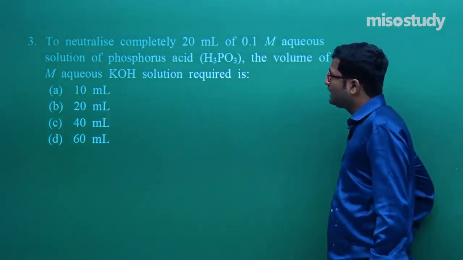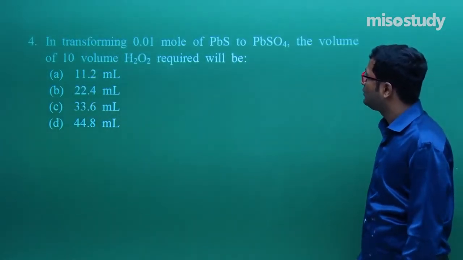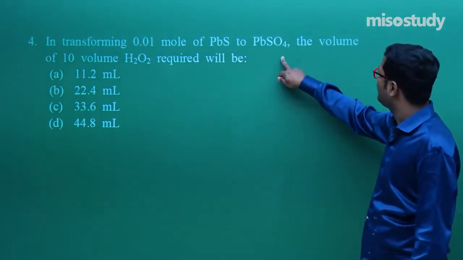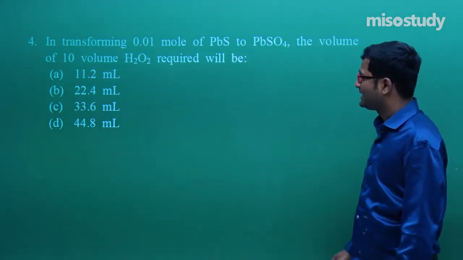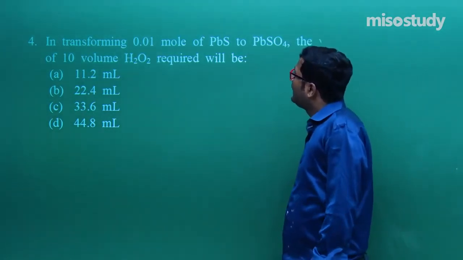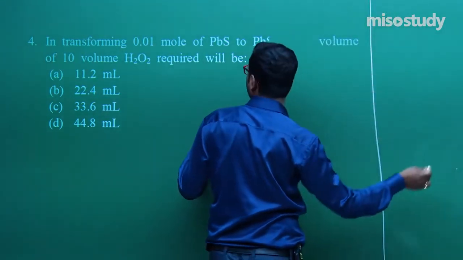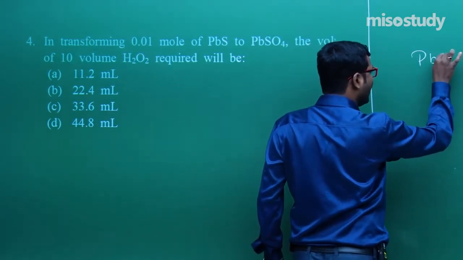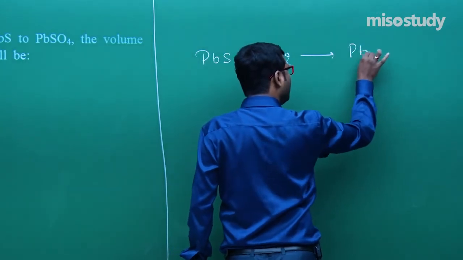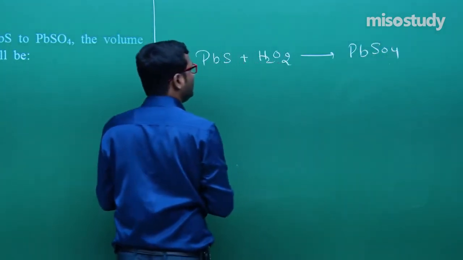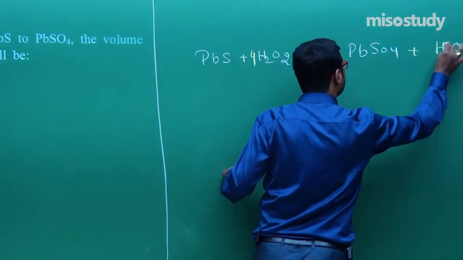Now let's move to the next section, that is 4. In transforming 0.01 mole of PbS to PbSO4, the volume of 10 volume H2O2 required, that is the volume strength is given. First of all we have to write down the equation, that is PbS plus H2O2, it gives you PbSO4, oxygen 4, and plus we have to put here H2O.